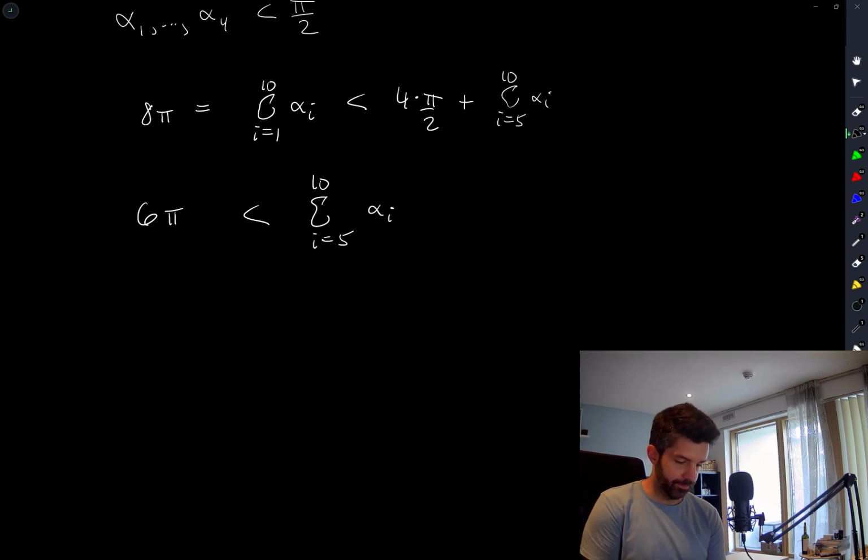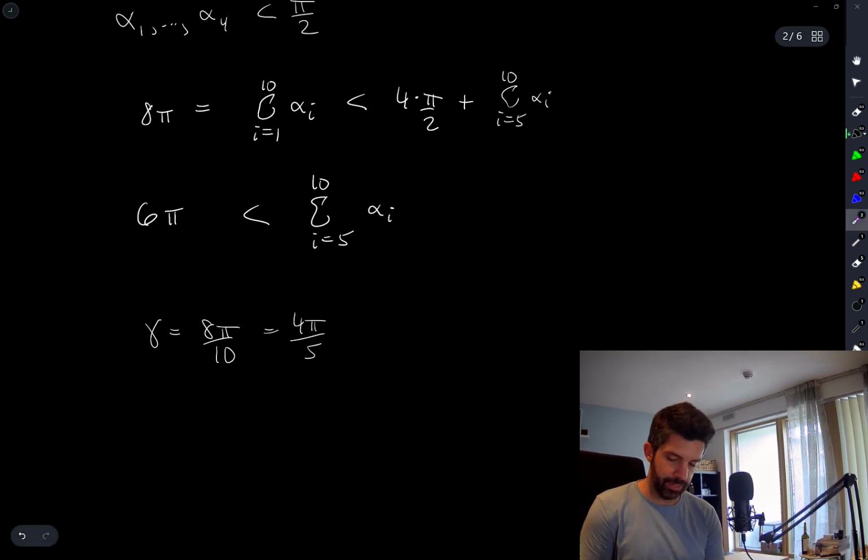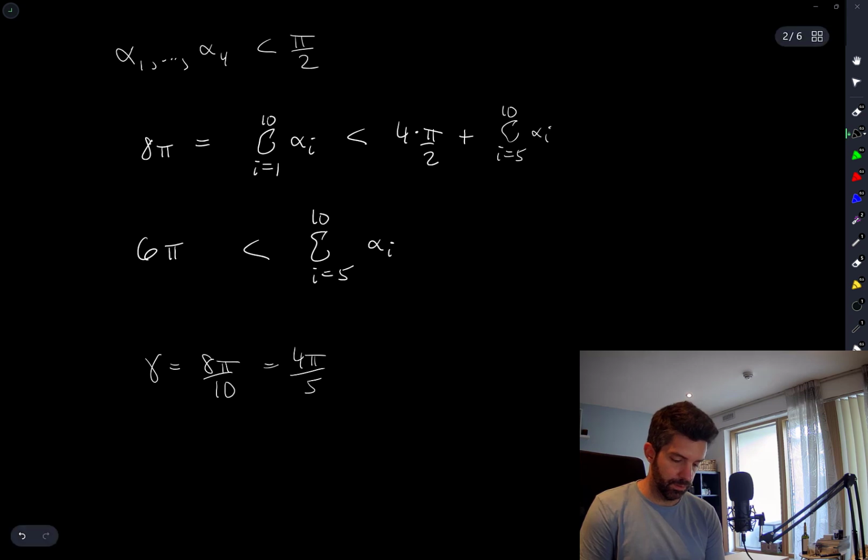Let's let gamma equal 8 pi over 10, which is 4 pi over 5. This is the standard.